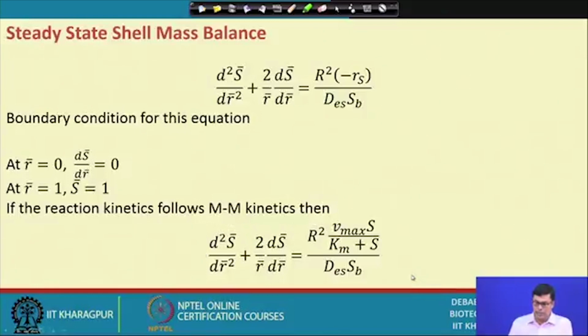So finally we come across this equation, and again if we put the boundary conditions, when r bar equals 0, dS bar by dr bar equals 0, and when r bar equals 1, S bar equals 1, then this particular equation will come.